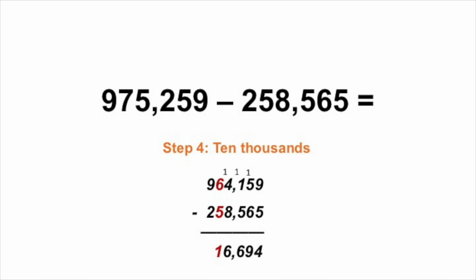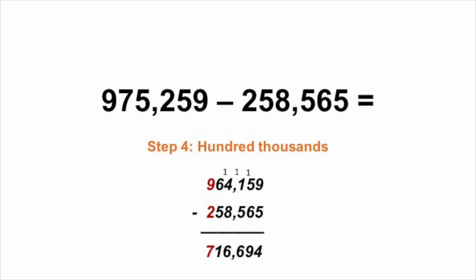Then 7 minus 5 equals 2. And then 9 minus 2 equals 7. So now we have our answer, 716,694.